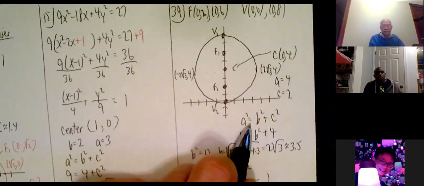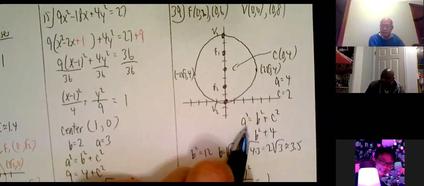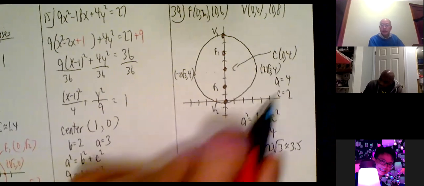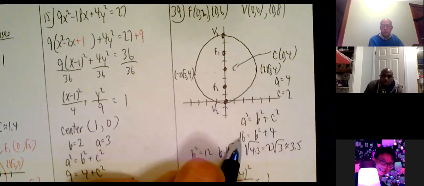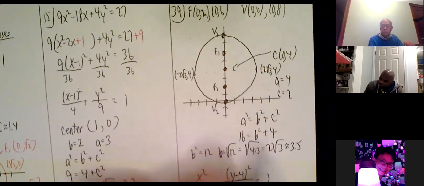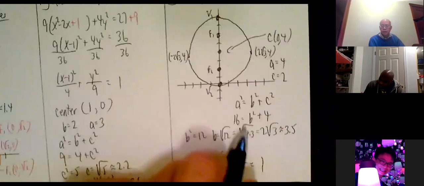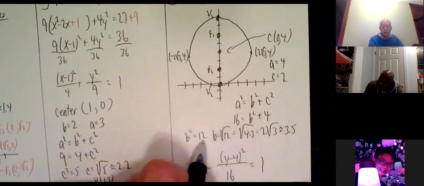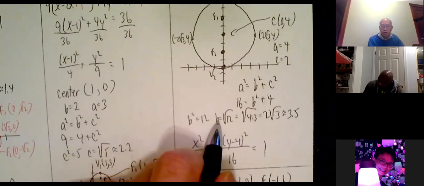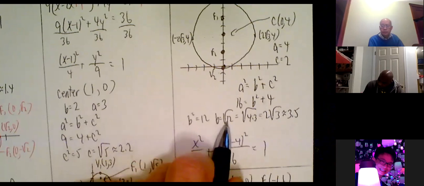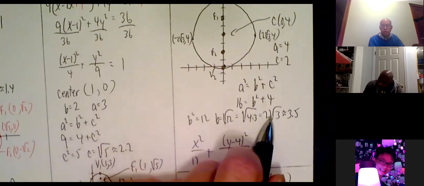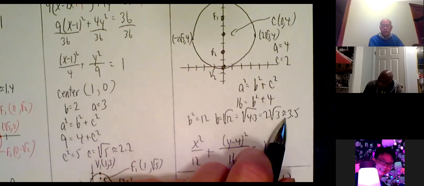You notice I'm saying for the ellipse, because it's going to be different for the hyperbola. So a squared, 4 squared, 16, plus b squared equals c squared is 4. Subtract, b squared is 12. b is radical 12. That's 4 times 3, so 2 radical 3. That's roughly 3.5.